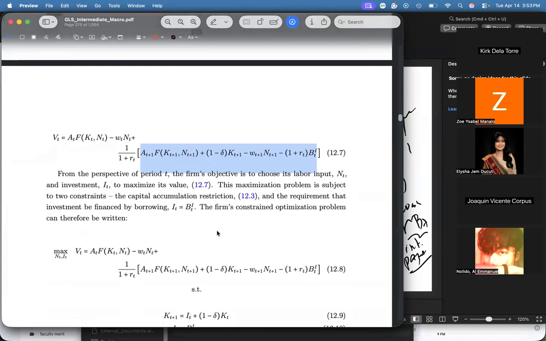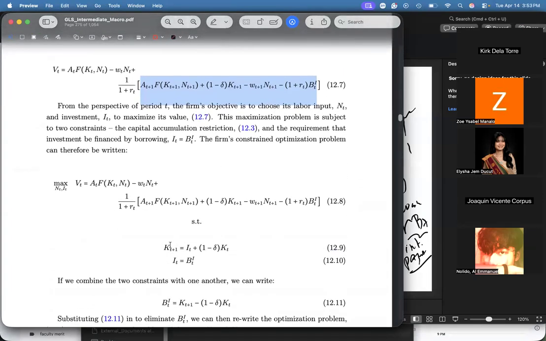Okay. There is just the restriction that here's actually the complete maximization problem. It's this one, which is just your dividend today plus 1 over R dividend tomorrow, subject to 12.9. What's 12.9? Someone already said it. I think Christopher. What is this? K T plus 1 equals I T plus 1 minus... Law of motion. Yes, the law of motion for capital.